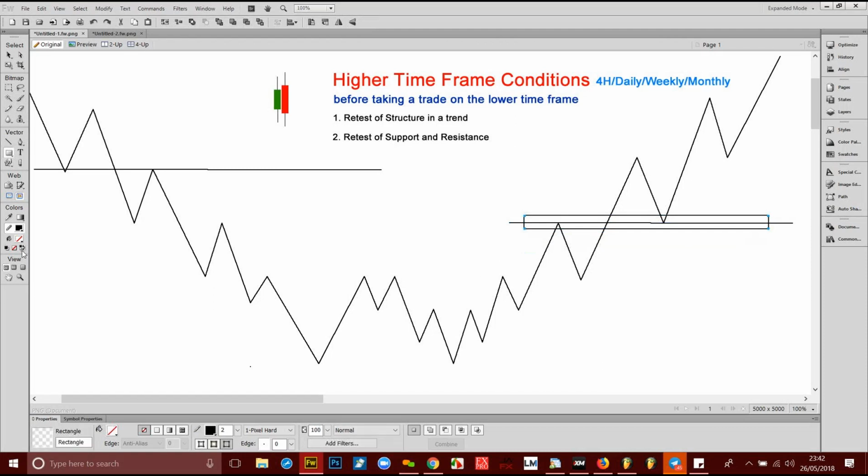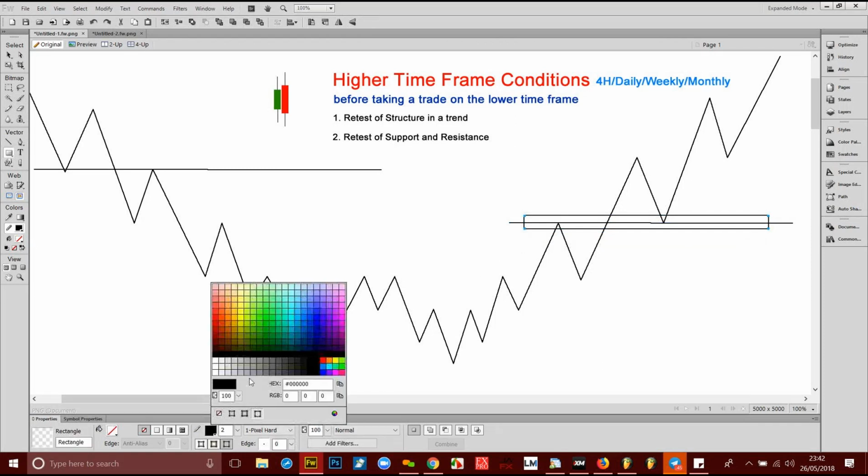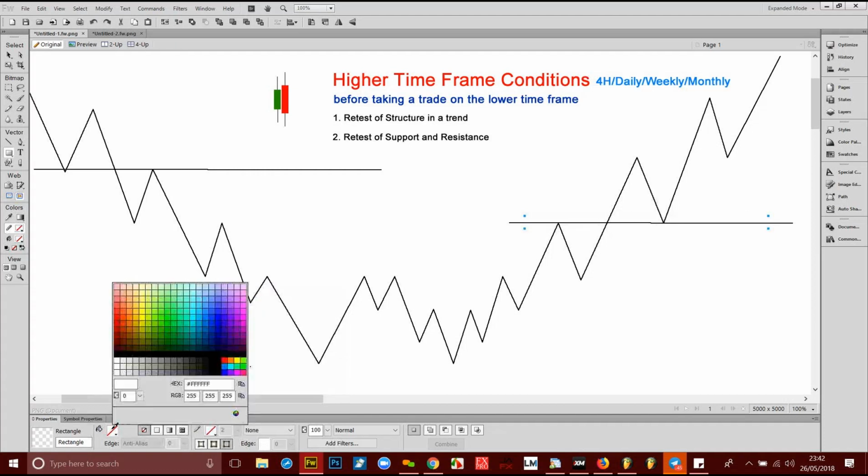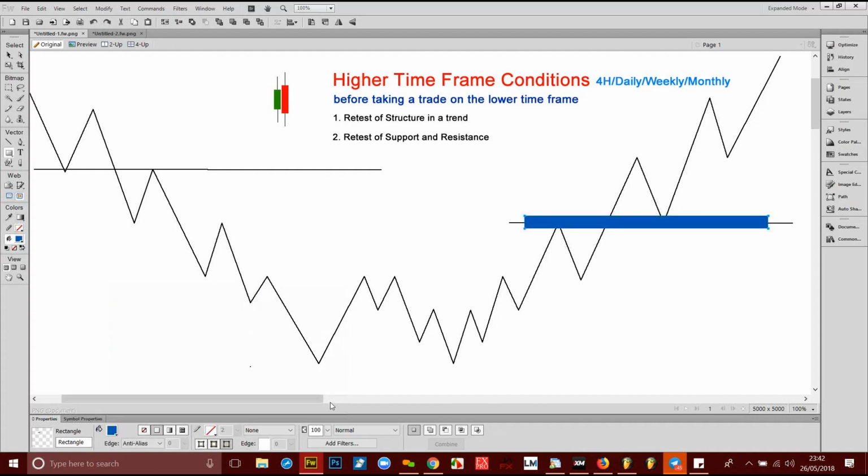Oh, so it needs to be this, and then yeah, you see me do something like this, because I expect it to come out and probably retest on that level, somewhere around here. So it broke out, resistance became support. You'll notice the same thing around here.